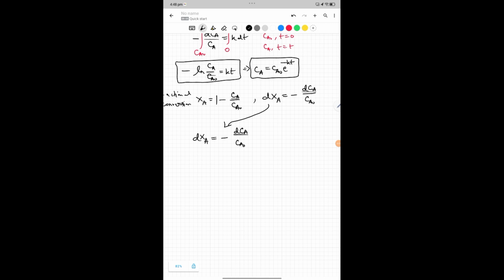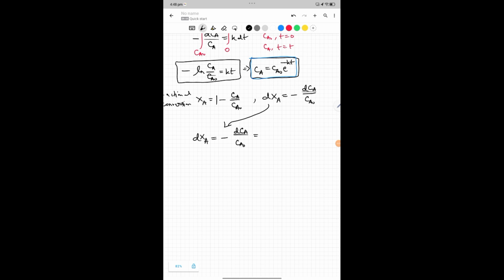Okay, so this we know, and we have got the value of Ca to be Ca naught into e to the power of minus kt. So if we substitute here, what do we get?